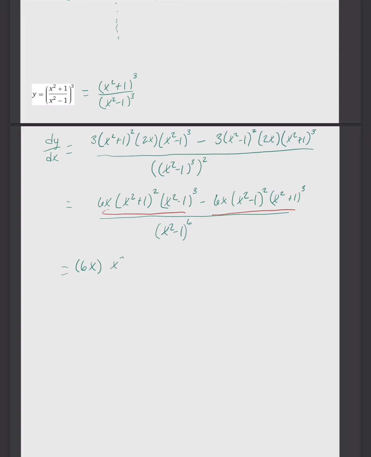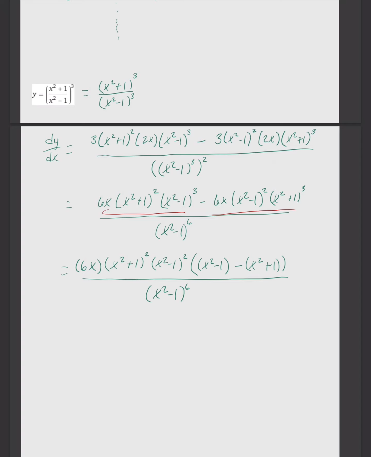And if we factor out an x squared plus 1 squared and an x squared minus 1 squared, we'll get, so we'll still have an x squared minus 1, and then we'll have minus, and on the right side, we'll still have an x squared plus 1. And all this will still be over x squared minus 1 to the 6th.